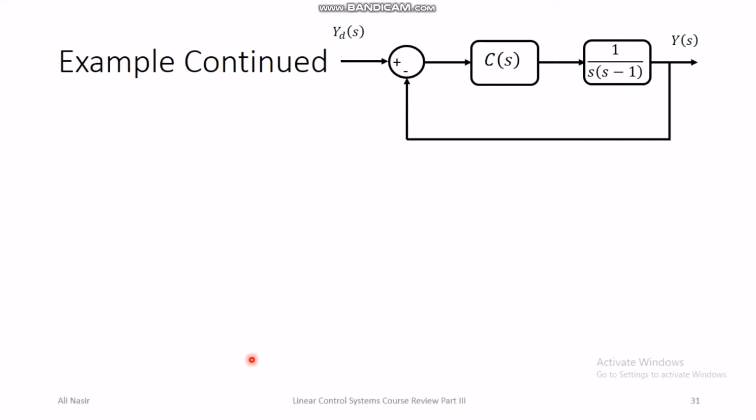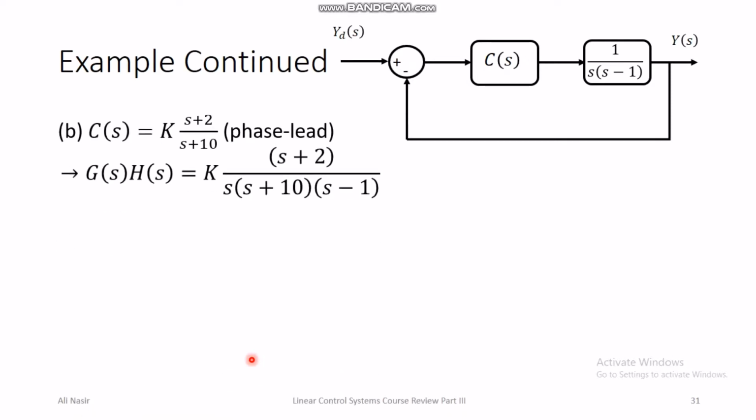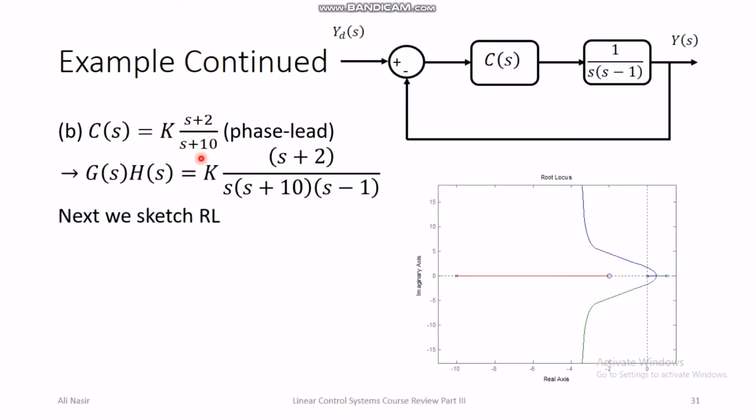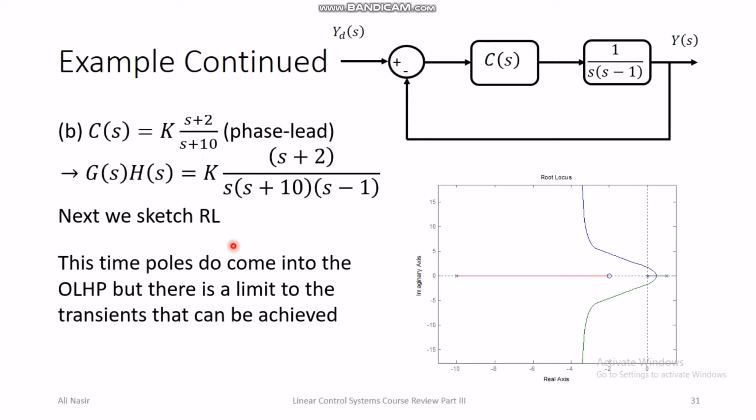Similarly, we can use some other controller, for example a phase lead type controller, and sketch the root locus with that. This time the poles do come into the open left half plane, but there is a limit to the transients that can be achieved. These poles break away and come into the left half plane because of the additional zero that we have added using this controller.